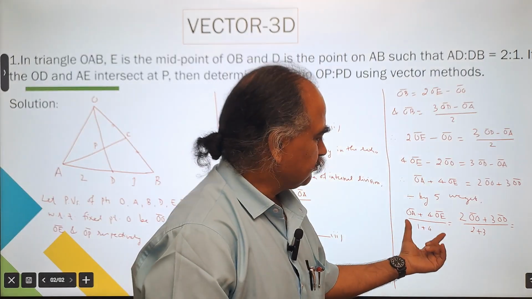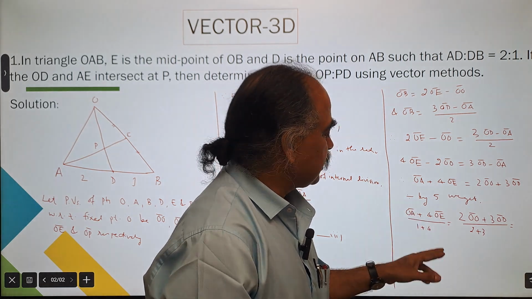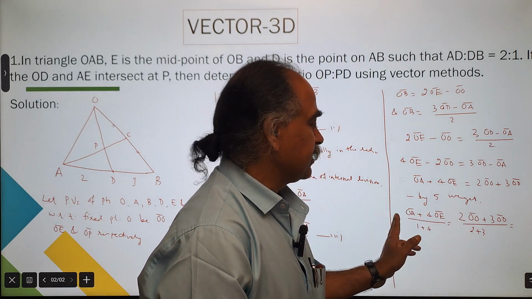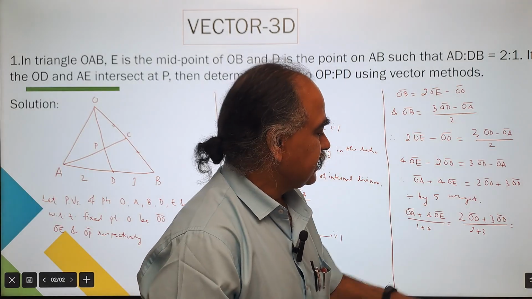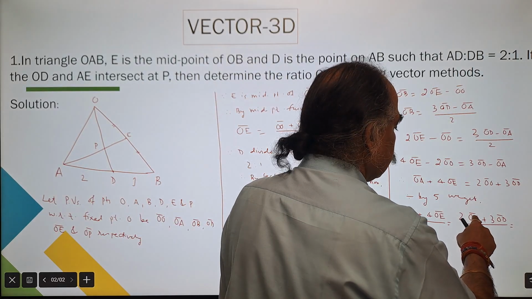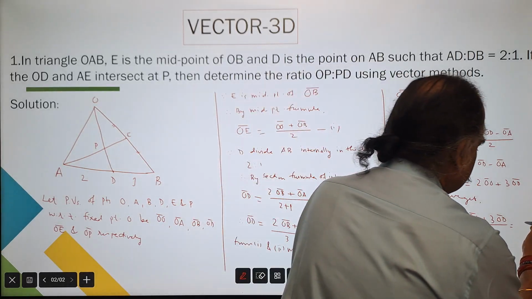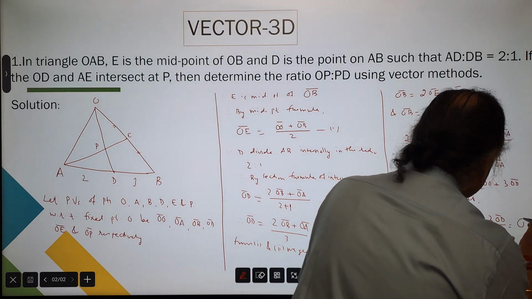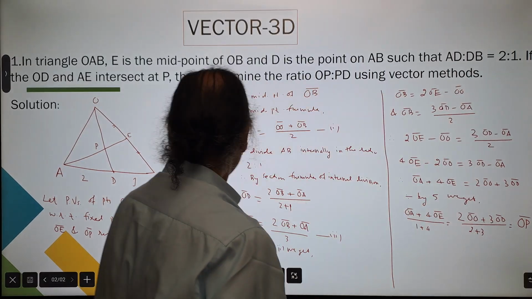This is the position vector of the point which divides OE internally in the ratio 4 is to 1, and the same point also divides OD internally in the ratio 3 is to 2, and that point is P. So this will be the position vector of point P.